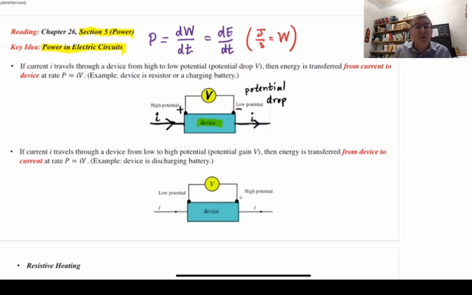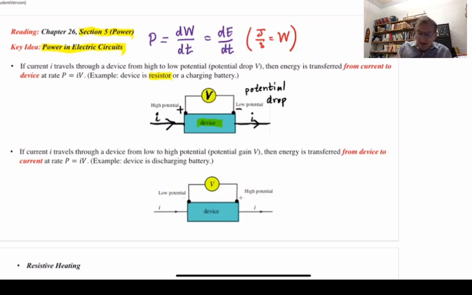If you want an example of what such a device might be, probably the most common example would be a plain old vanilla resistor. Vanilla here just meaning common. Okay? A plain old circuit element called a resistor, which was designed to have a certain amount of resistance in ohms.